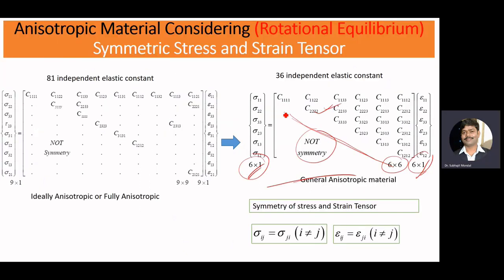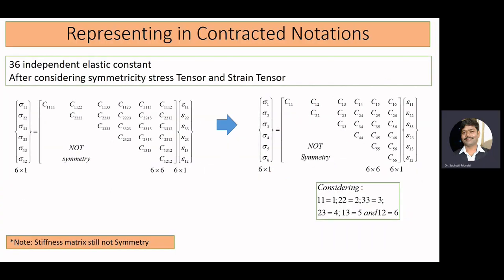Now here we are correlating stress and strain using the C1111 term. This notation we can write in a shorter form, a contracted notation, where sigma 1 represents sigma 11, sigma 2 represents sigma 22, sigma 3 represents sigma 33, sigma 4 represents sigma 23, sigma 5 represents sigma 13, and sigma 6 represents sigma 12.